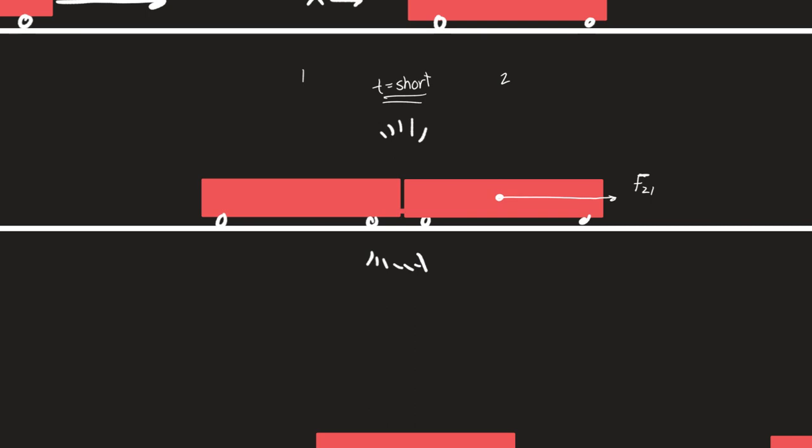And based on Newton's third law, there must be an equal and opposite force on car 1 from car 2. Right? Newton's third law. So that means these two forces are equal and opposite. Does that make sense? Any question about that? All right.